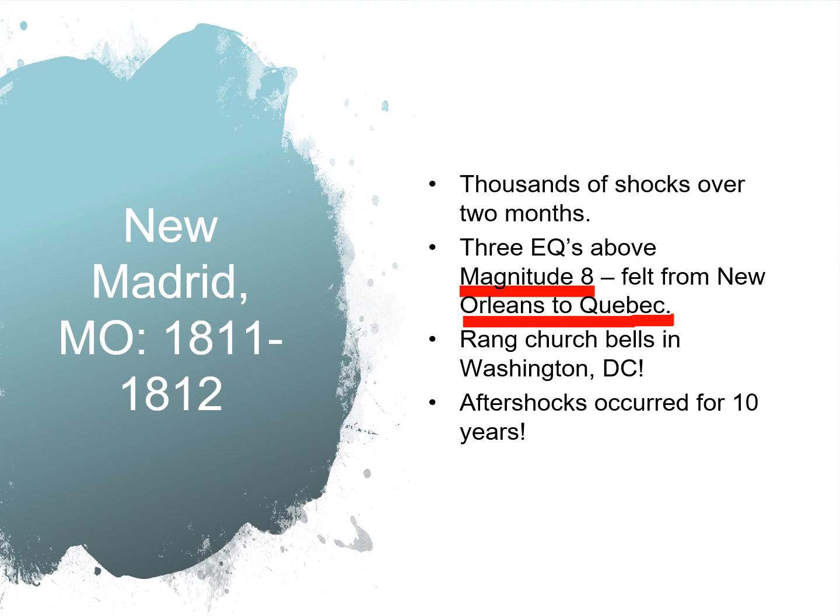And so over a huge area of the continent. The shaking was so strong, it actually rang church bells as far away as Washington, D.C. And aftershocks strong enough to be felt lasted for over 10 years. Technically, we're still experiencing aftershocks for this today, over 200 years ago. It's just that most of them are much smaller now, and you're probably not going to feel them.